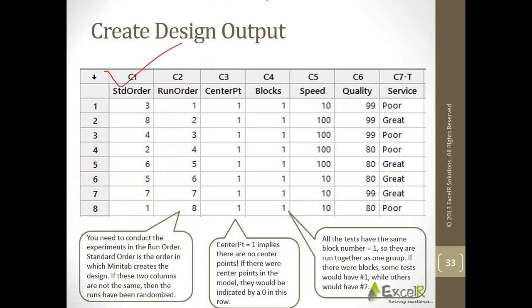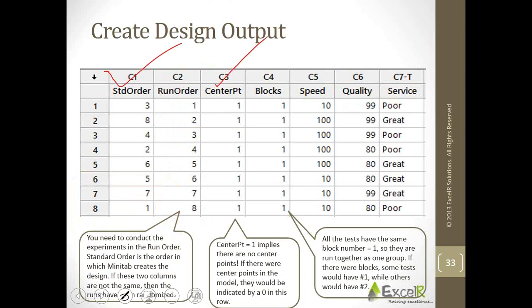And look at this value, there is a center point. What do you mean by center point is equal to 1? Center point is equal to 1 implies there are no center points. If there were center points in the model, they would be indicated by a 0 in this row. And you know what is a center point.